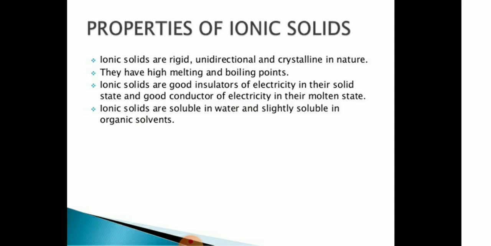Ionic solids are soluble in water and slightly soluble in organic solvents. So what we are considering here are chemical materials, chemical compounds and atoms. They show different properties upon applying temperature, by applying electricity, or in a molten state or a solid state.